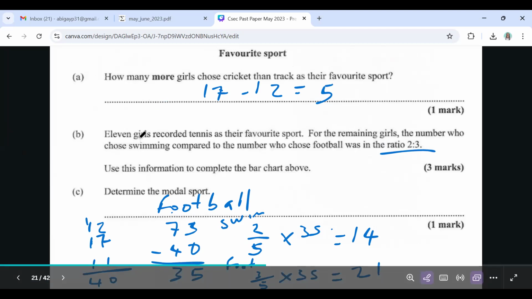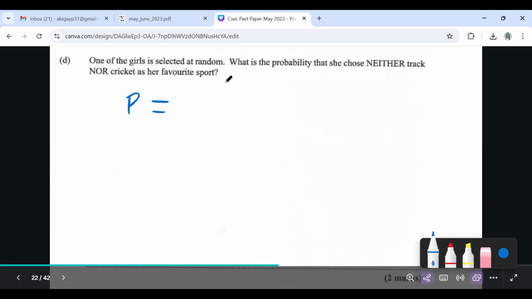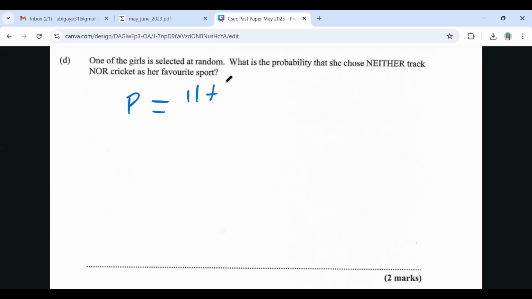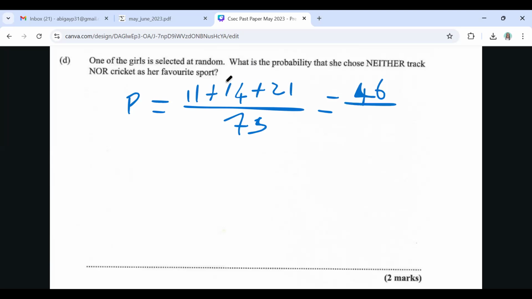That will be 11, 14, and 21, and divide that by the number of girls, which is 75. So 14 plus 11 plus 21 is 46 over 75. And that's our answer there.